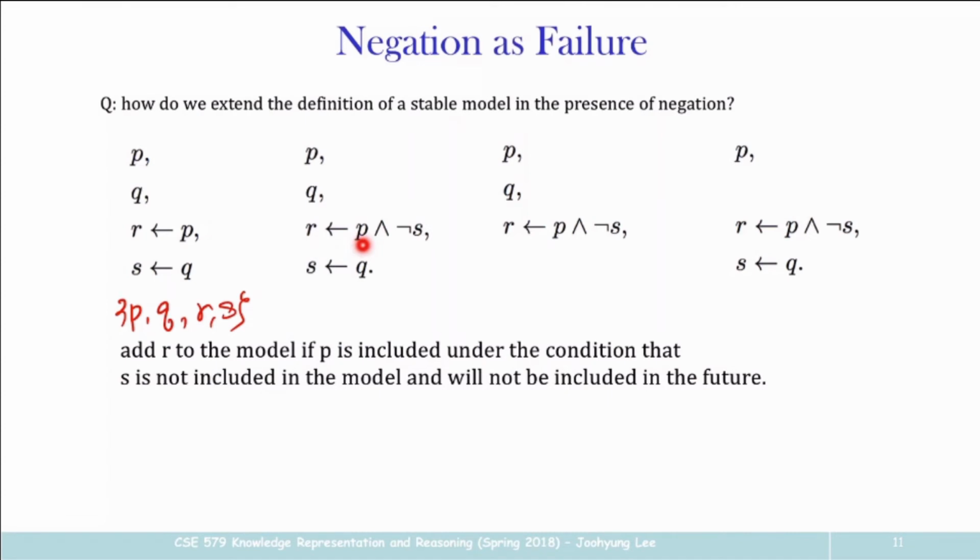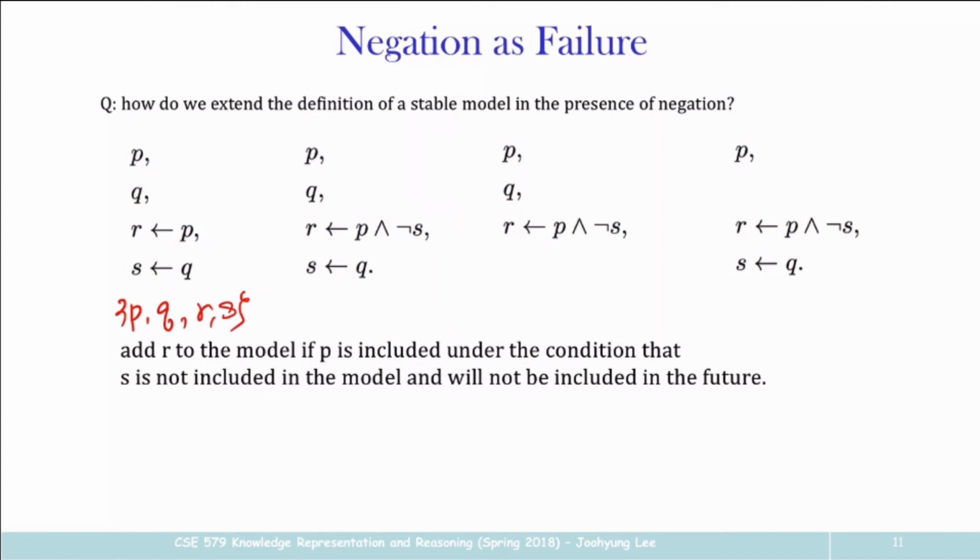If P is true, then you cannot derive S, no matter what you do from this program, okay? So remember, when we are doing the positive program, we are doing this iterative procedure, right? We include the minimal things, and if we have to include another one, we increase that set.